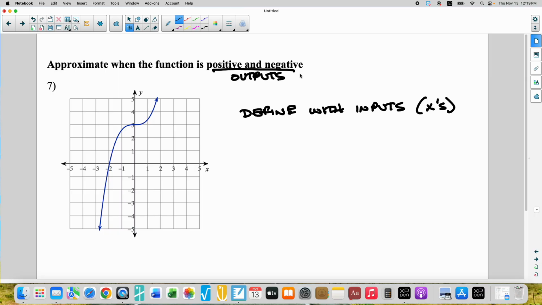So when are my outputs? Those are my y's. So when are my y values? When is each of these points above the x-axis?